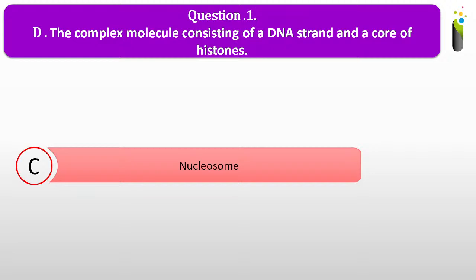Friends, remember nucleosomes are small bead-like structures. The bead-like structure is a nucleosome. Now, as you know, the beads are connected by a string. Similarly, the adjacent nucleosomes are connected with each other by means of the DNA strand.